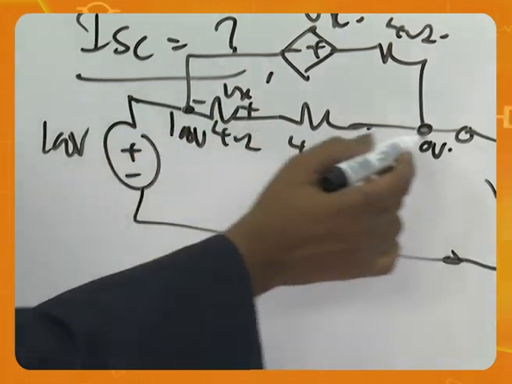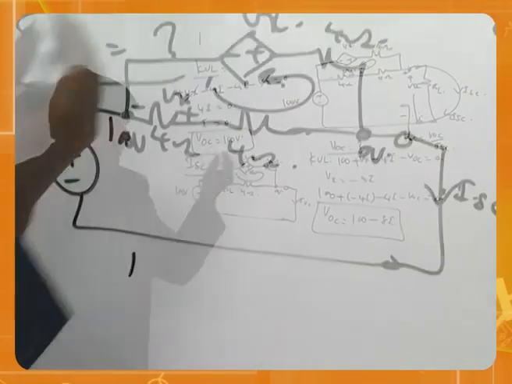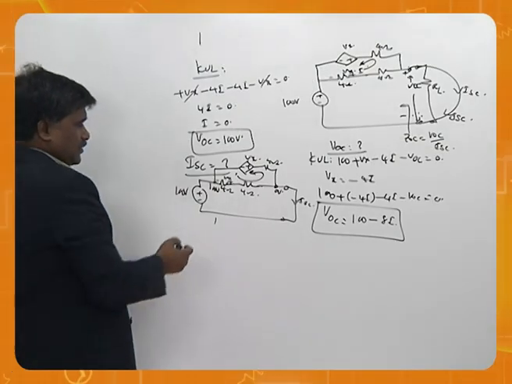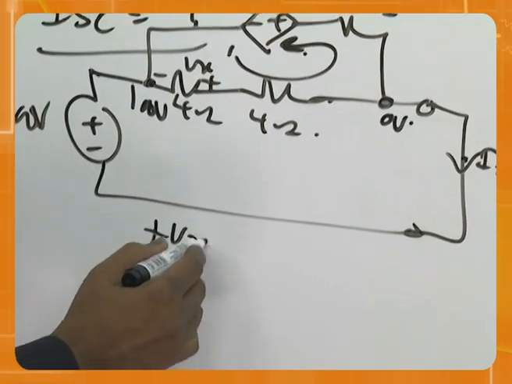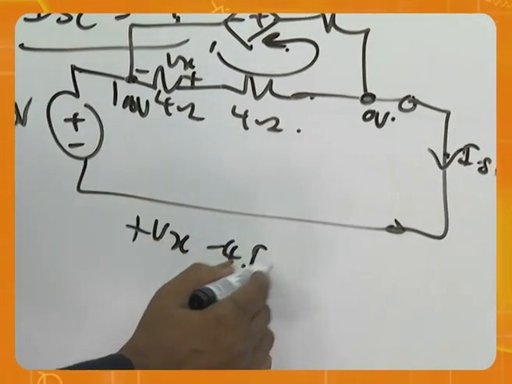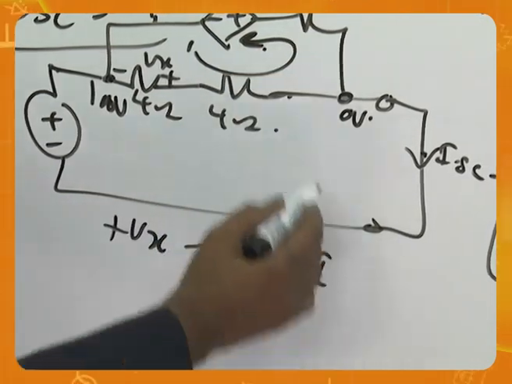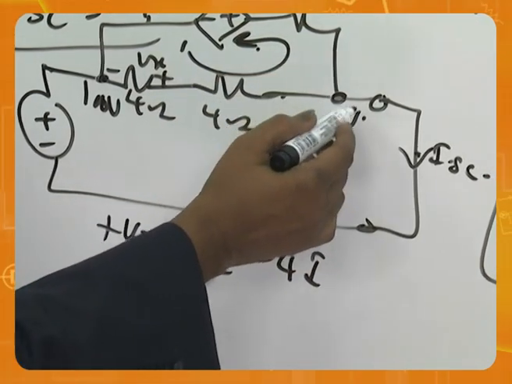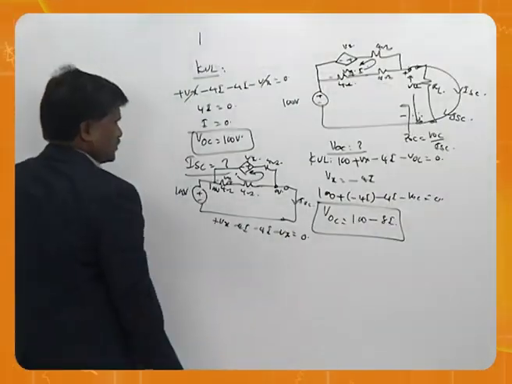You can start from this loop directly: plus Vx minus 4I minus Vx is equal to 0.